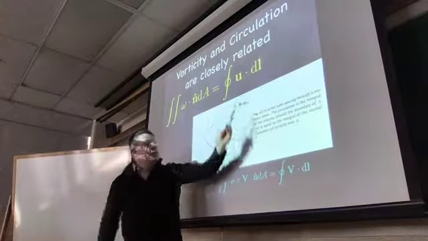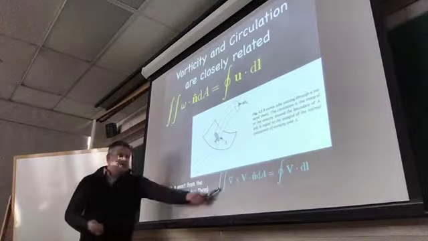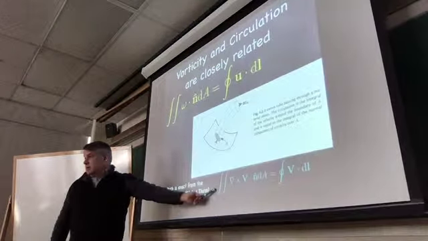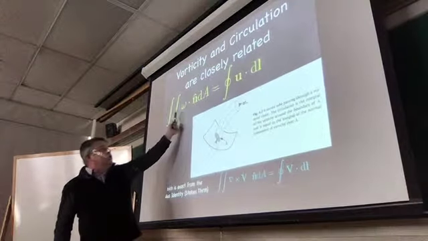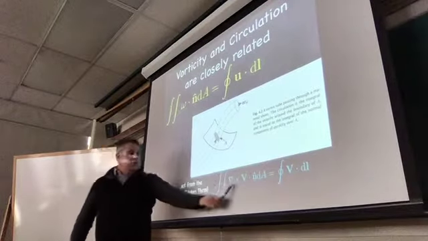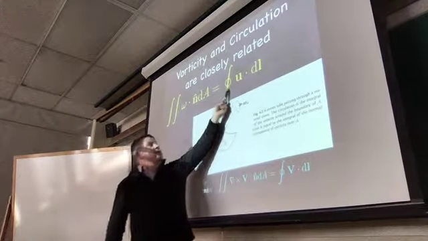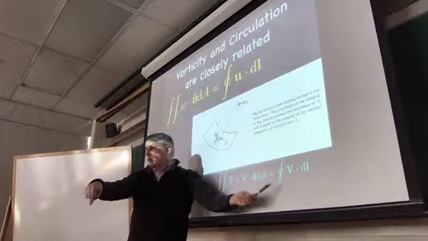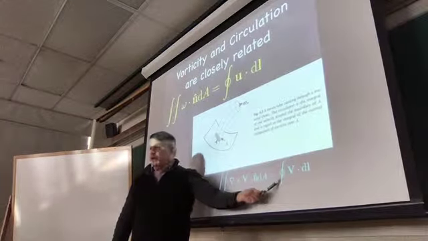Okay? So Stokes' Theorem, like the divergence theorem, is a little bit of vector calculus, because the curl of the velocity equals this funny integral around a loop, the circulation.